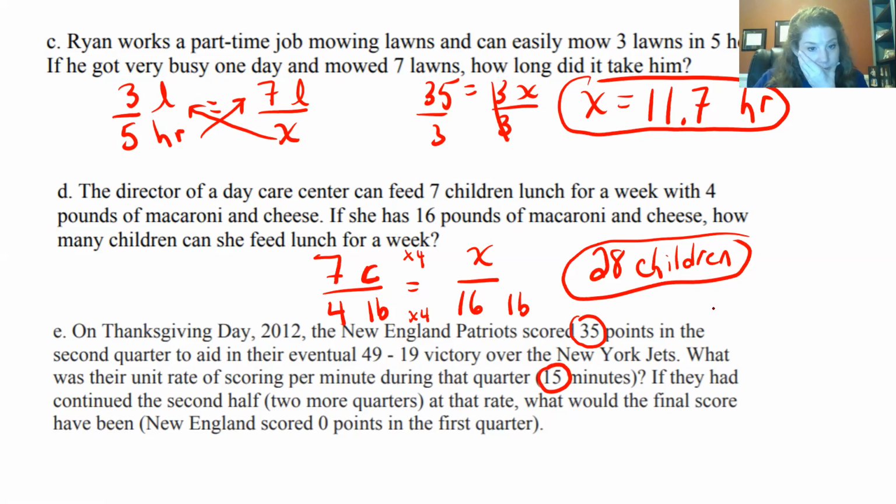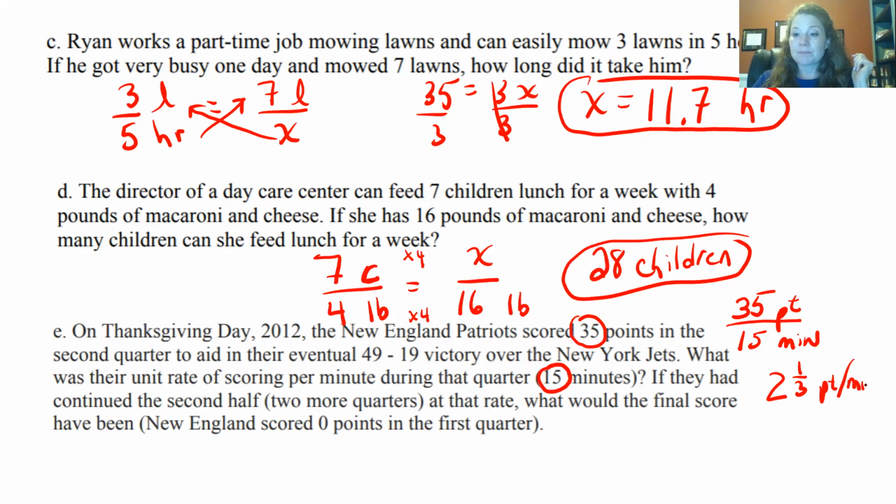We want to know how many points they scored per minute, so we're going to divide points by the total number of minutes. 35 divided by 15 is 2 1/3, or 2.333. So that's their unit rate, 2 1/3 points per minute.